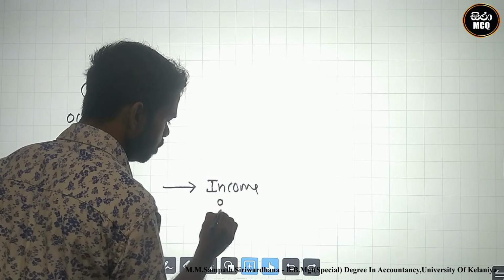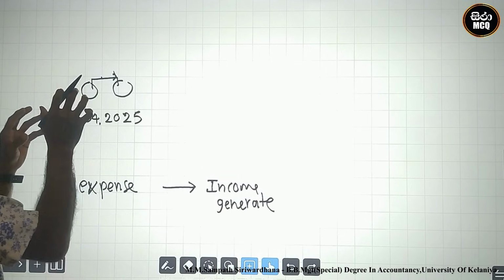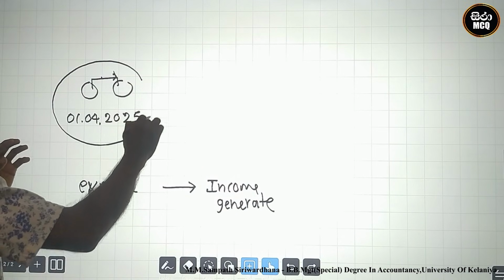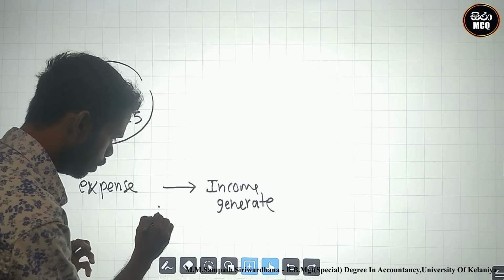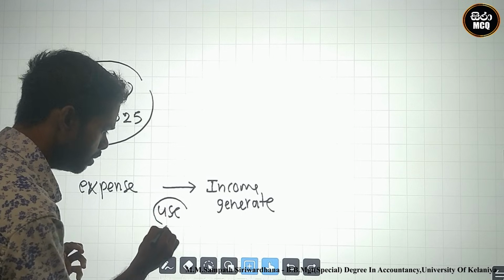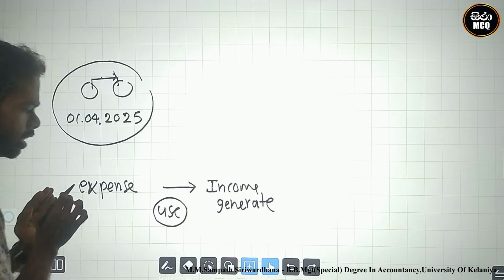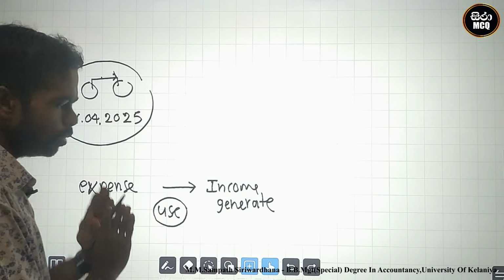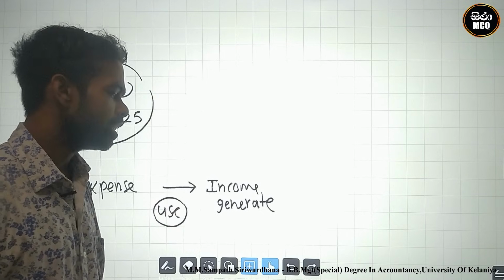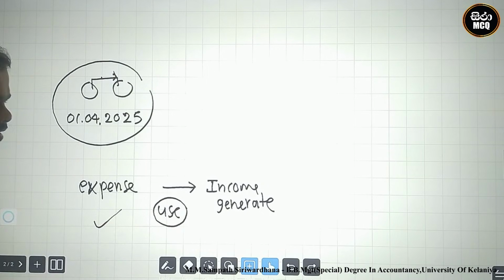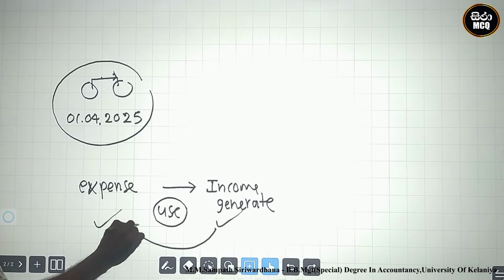If I purchase a bike for delivery purposes, it should be used for the income generating unit. If it supports income generation, you can identify the expense. Support means used to generate income, then you can identify the expense.